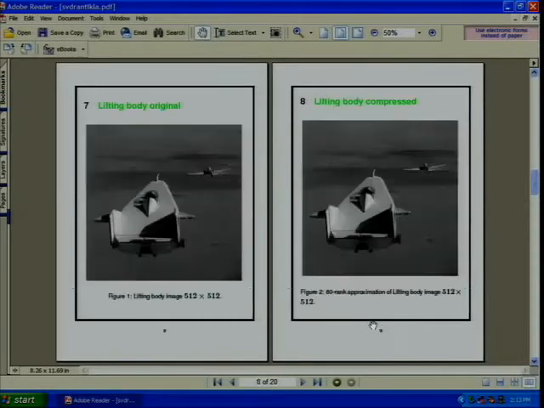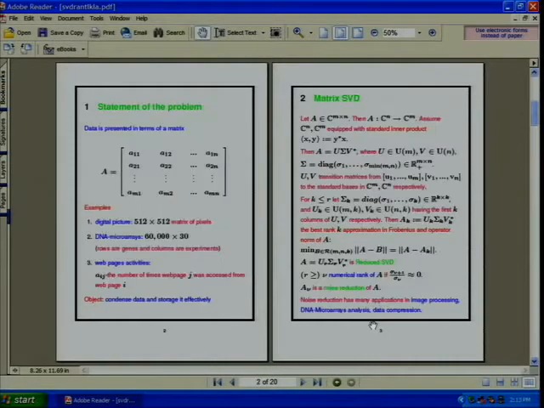So what are the tools here? Again, I'm not sure about my audience, and I don't know if I should go into all these formulas. Basically, I'll just say in words, the formulas are not that important unless one needs to use them. So what is SVD? Singular value decomposition.